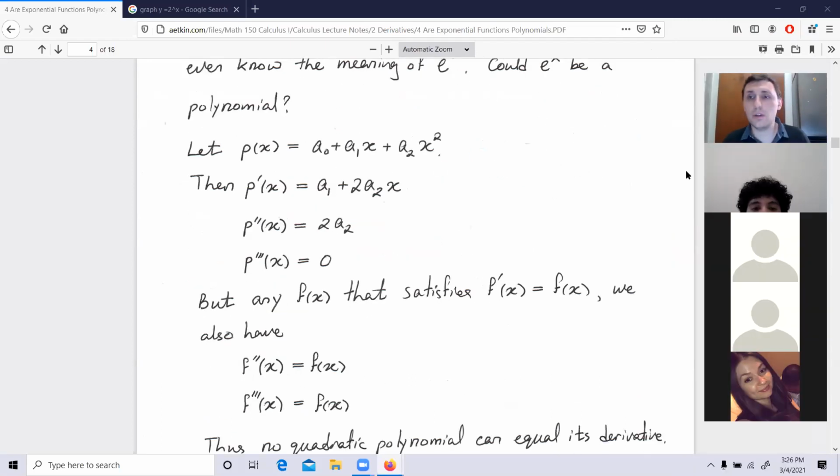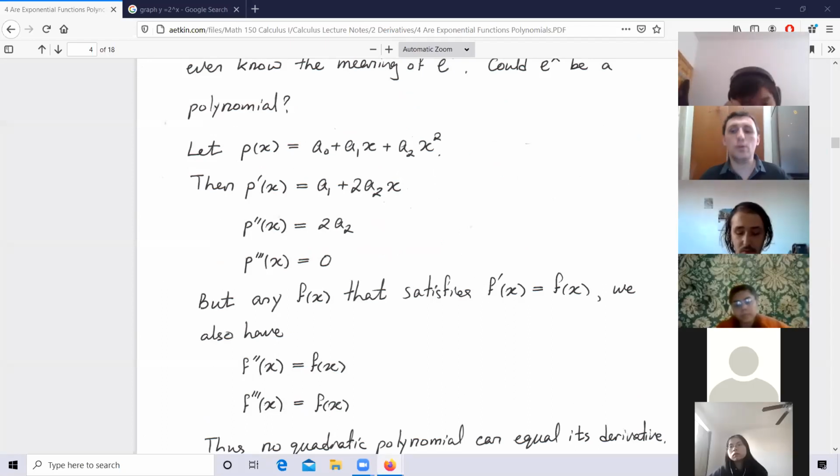So you understood why it's not a quadratic. If you understood why it's not a quadratic, maybe tell me one last thing. Can it be a cubic? Can it be a degree 3 polynomial? Why or why not?